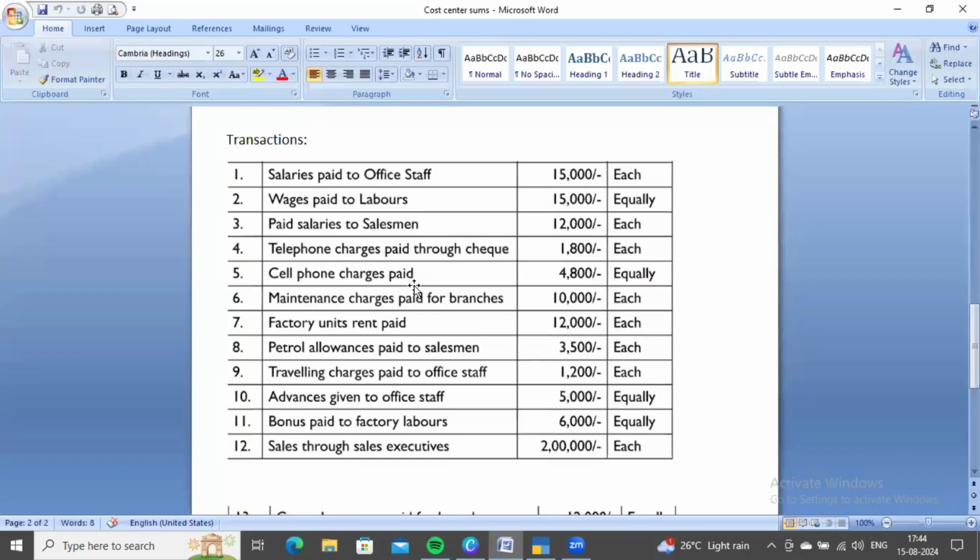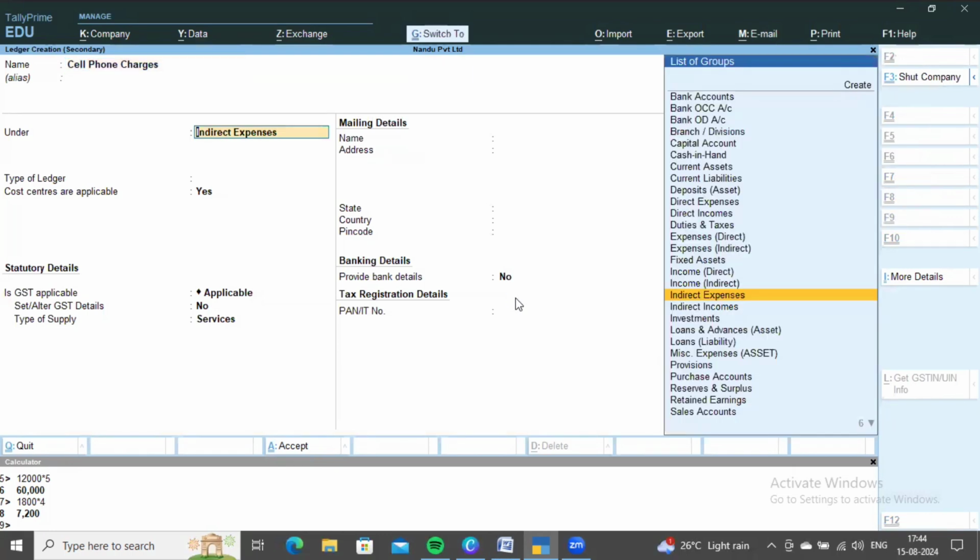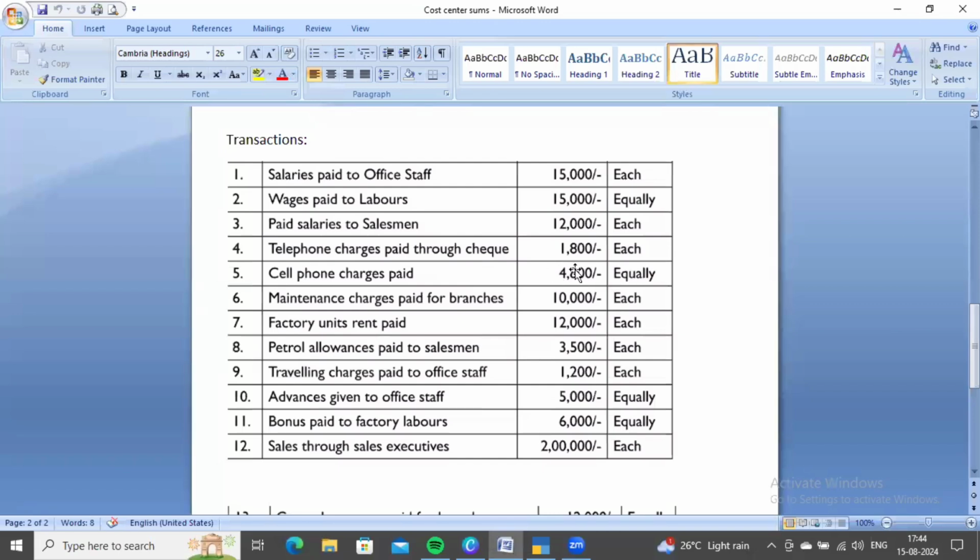Next, cell phone charges paid 4,800 equally. First of all, you need to create a ledger, Cell phone charges, that comes under indirect expenses. Equally means you are distributing these 4,800 equally among the cost centers.